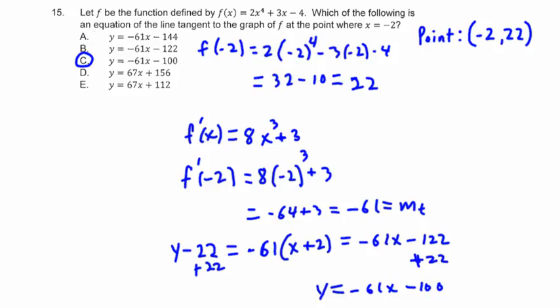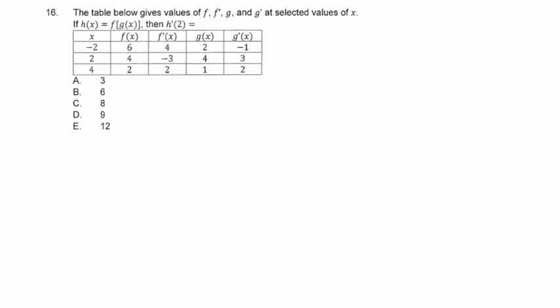Next problem, which is number 16, values of f, f prime, g, and g prime at selected values of x. Well, I haven't gone over this, but this is going to be a composition.